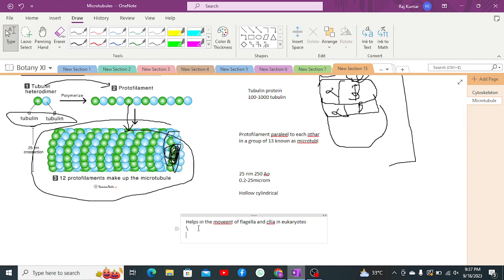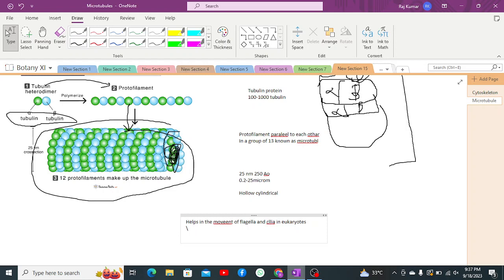Flagella is found in eukaryotes like euglena, whereas cilia is found in paramecium. Both of these have their structure made up of microtubules, which allows the motility movement of the flagella and cilia.